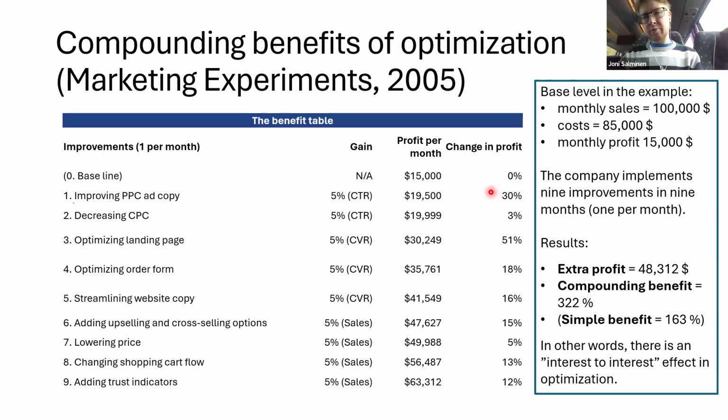So we cannot automatically assume that if we do 10 improvements over time, all of them would actually increase the conversion rate.